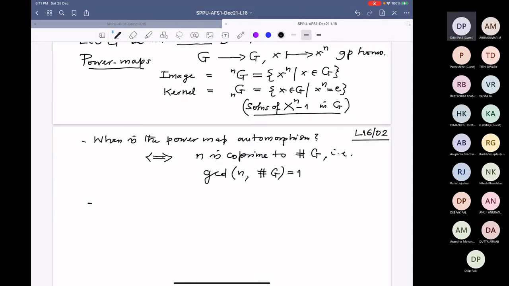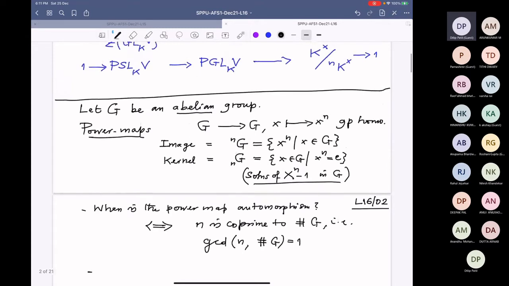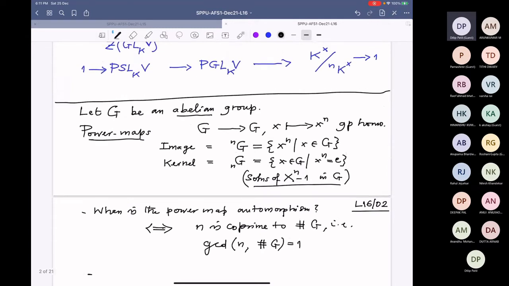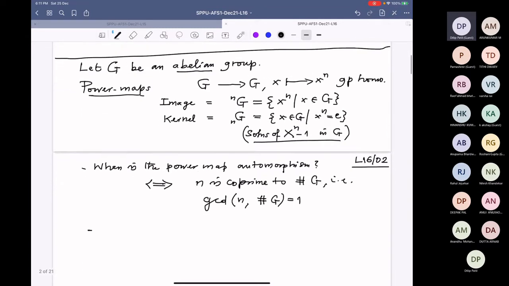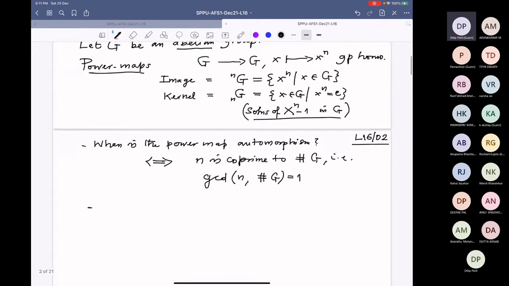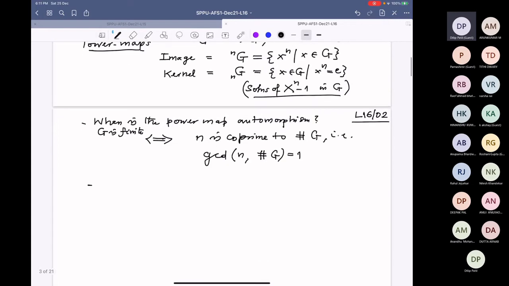All right, so how many automorphisms are there? And by the way, this last comment, I don't need, I only need that G is finite. I am asking when G is finite. If G is not finite, the GCD doesn't make sense.